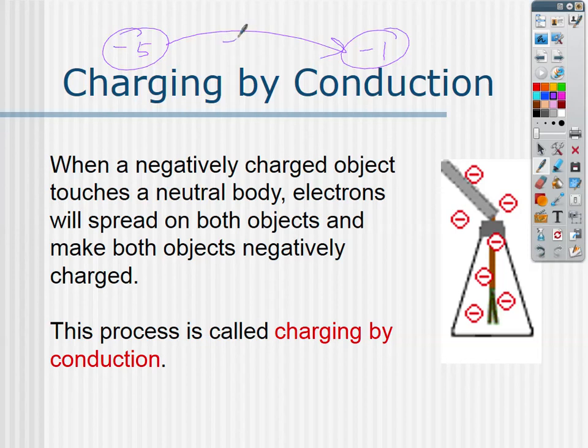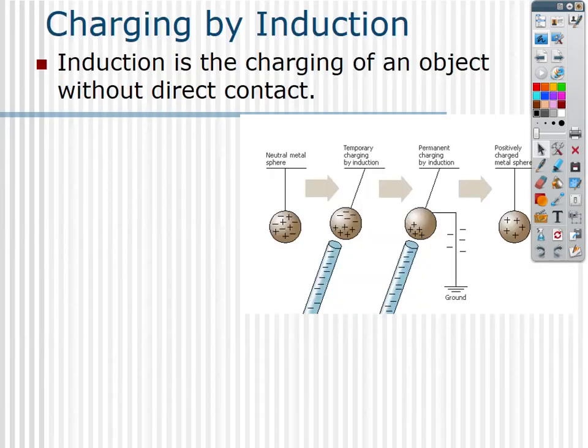So some of those electrons will travel from one to the other, and if I leave them together and then pull them apart, they should both leave at -3 charge. They will both balance each other out. Once again, this is showing you conservation of charge because total charge up top is -6, total charge at the end is -6. We're trying to balance those out. Basically, they get averaged out in a way. All right? So I think there's another, oh, no, going straight to induction.